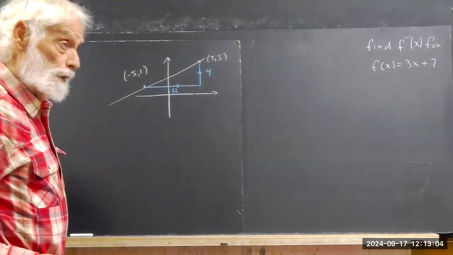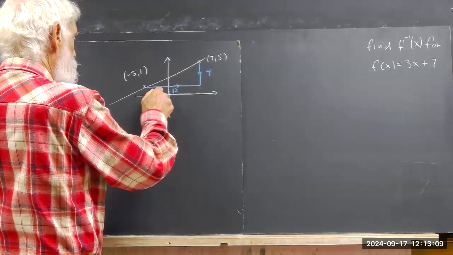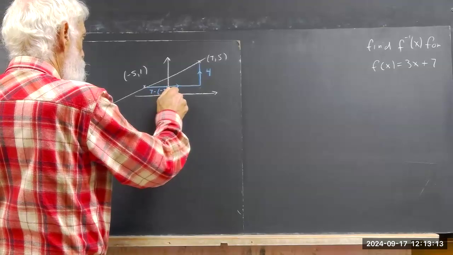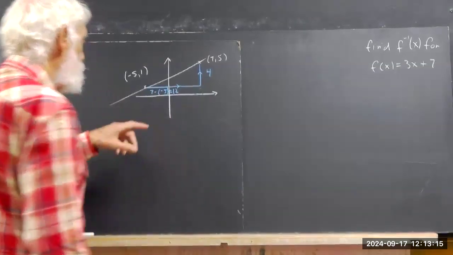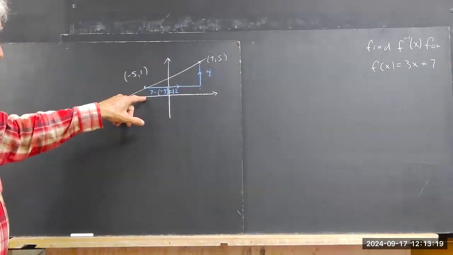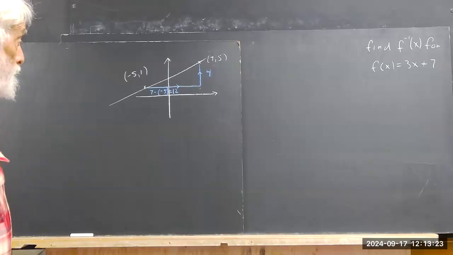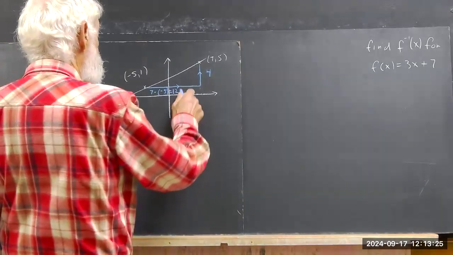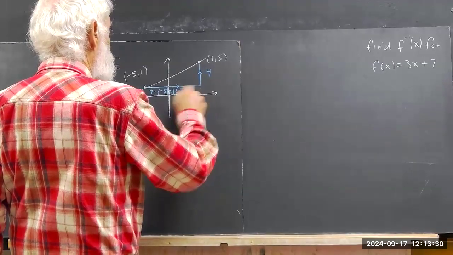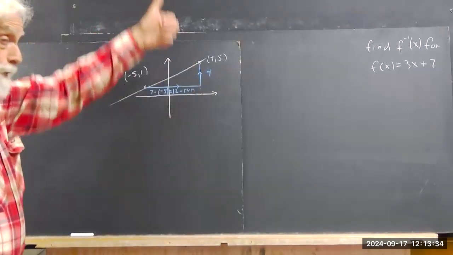There's an easy way to calculate it, which is this x coordinate minus this one: 7 minus -5. We're going to call that the run. From this point to this one, we run this way and then we rise this way.